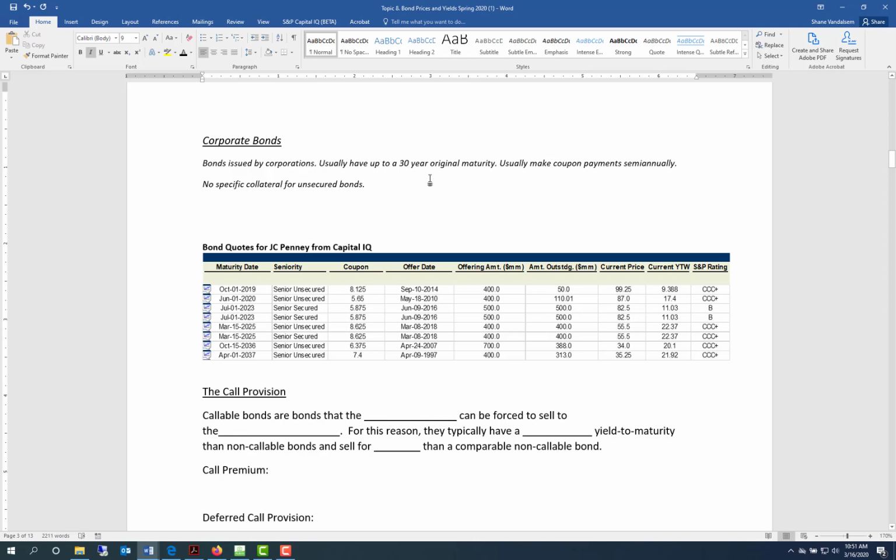Yield to worst is the yield to either the time for the bond to be called, if it's a callable bond, or the time to maturity, or if there's any other provision in there that might change the length of the time until the bond can be turned in or will be turned in to the issuer for money. And the yield to worst is the time period out in the future at which that can take place that would result in the lowest yield to maturity.